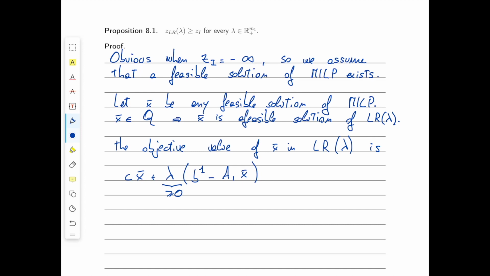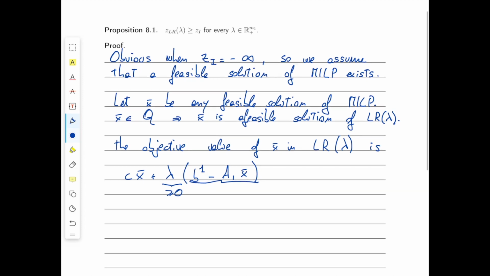And since x bar is feasible for the original program, we also have that B1 minus A1 x bar is greater than or equal to 0. So this objective value is greater than or equal to C x bar. So this implies that the Lagrangian bound is greater than or equal to Zi.